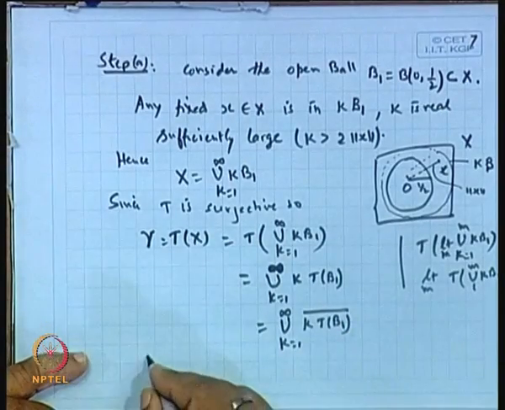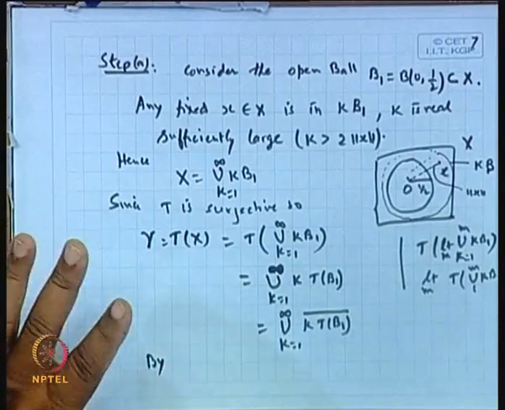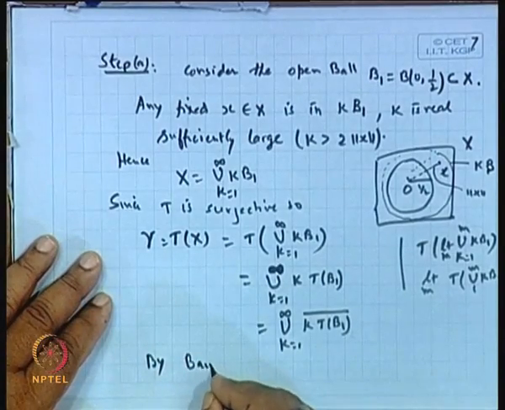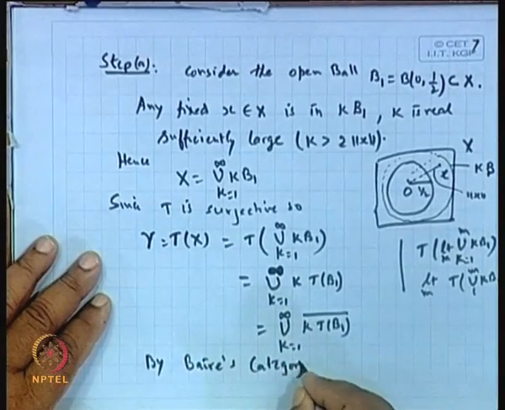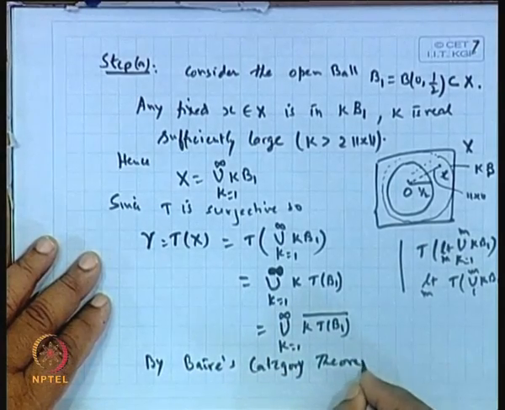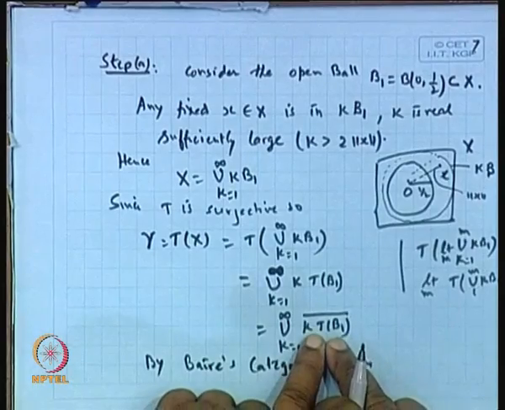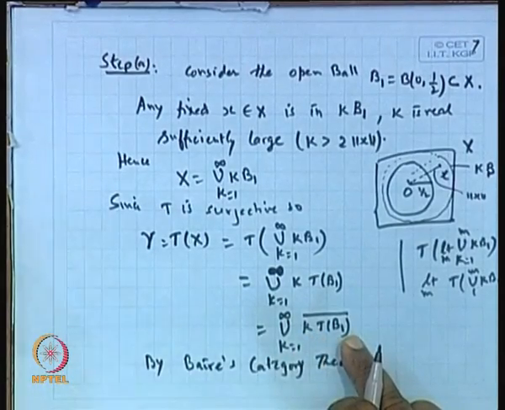Hence, by Baire's category theorem, now apply Baire's category theorem. At least one of them will contain an open set by definition.